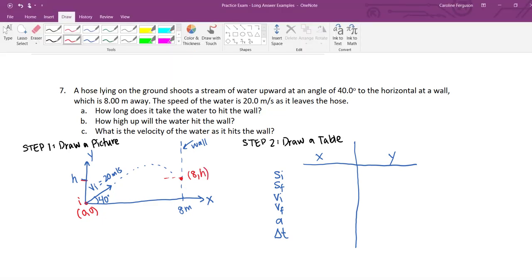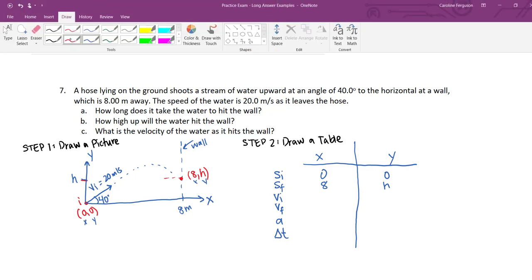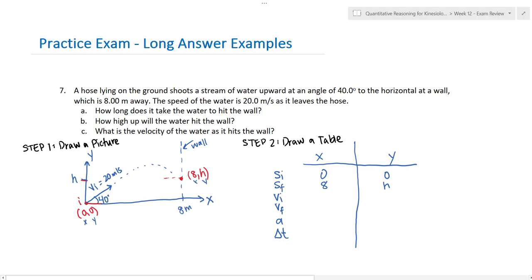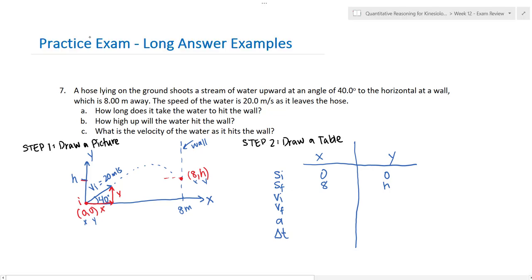And now we can put in our 2 points. Our S initial, this is our X and our Y, 0, 0. And our S final, this is our X and our Y, so 8, h. Our V initial we have to decompose into X and Y components. So that would be X, and this would be Y. Our Y component is opposite of 40 degrees, and our x component is adjacent to 40 degrees.